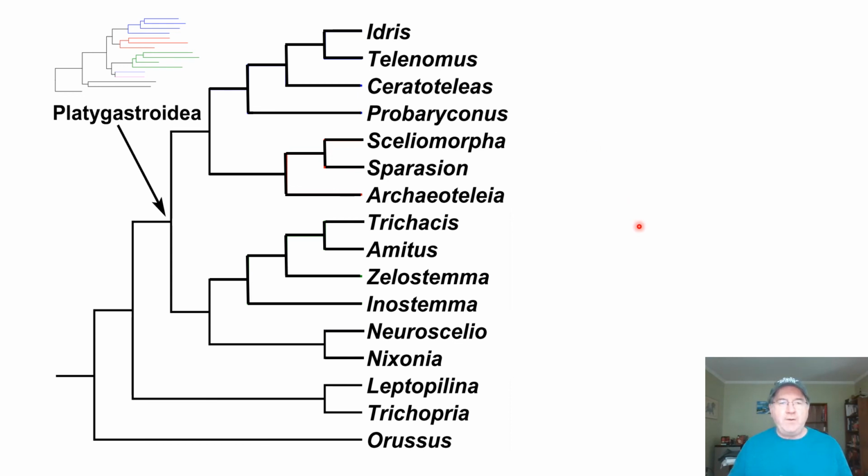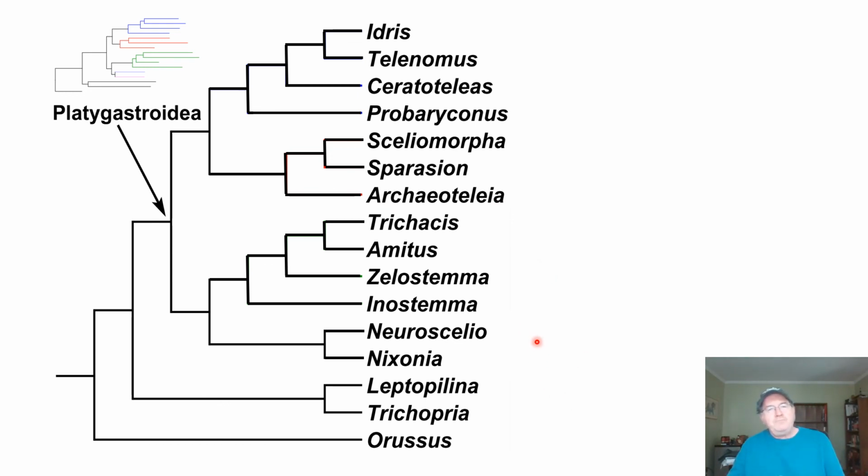Let's see, what else do I want to point out? We have a Nixonia here in our analysis, and so that's the Engel and McKellar family. We also have the Neurocelio that was at the base of the tree in Murphy et al., whereas Archaeotelia is the other one that was at the very base of the tree.